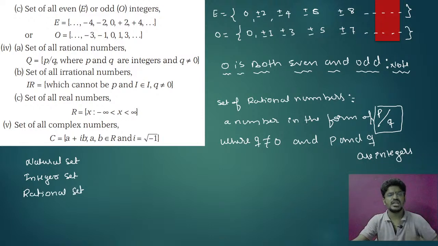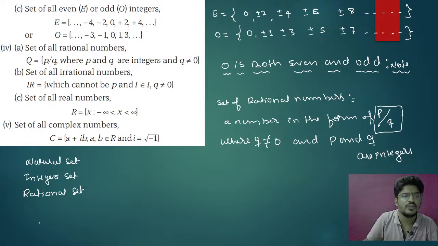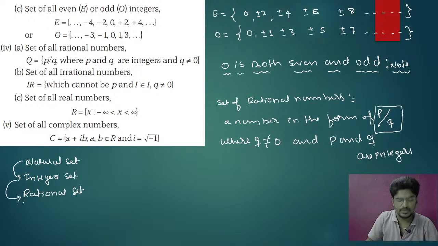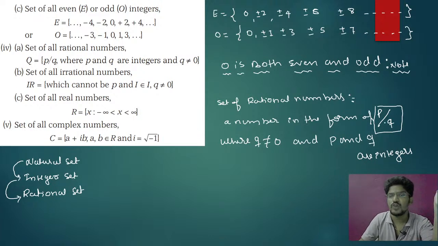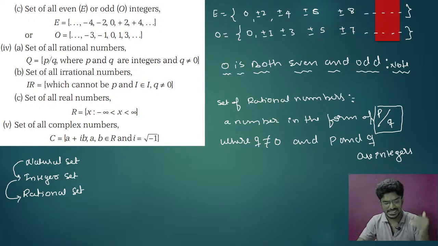Now you have to understand one thing: what is the difference from natural numbers to the integer set, and integers to the rational set? In the naturals it starts with 1, 2, 3, 4. In the integers it is both negative and positive including 0. In rationals the numbers written in the form of p by q are called rationals. So like that you have to understand the difference. That is also one of the ways of understanding the concept. Clear? Okay.